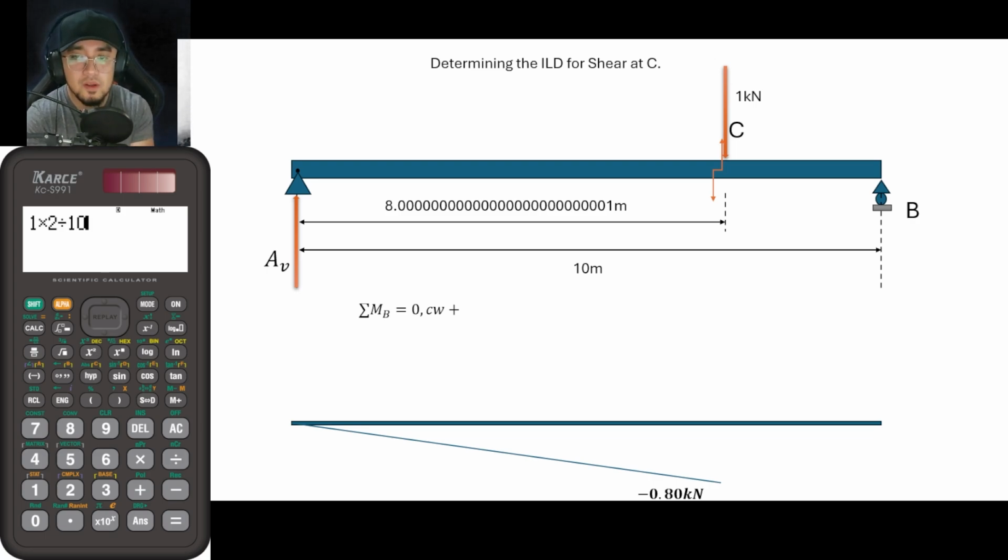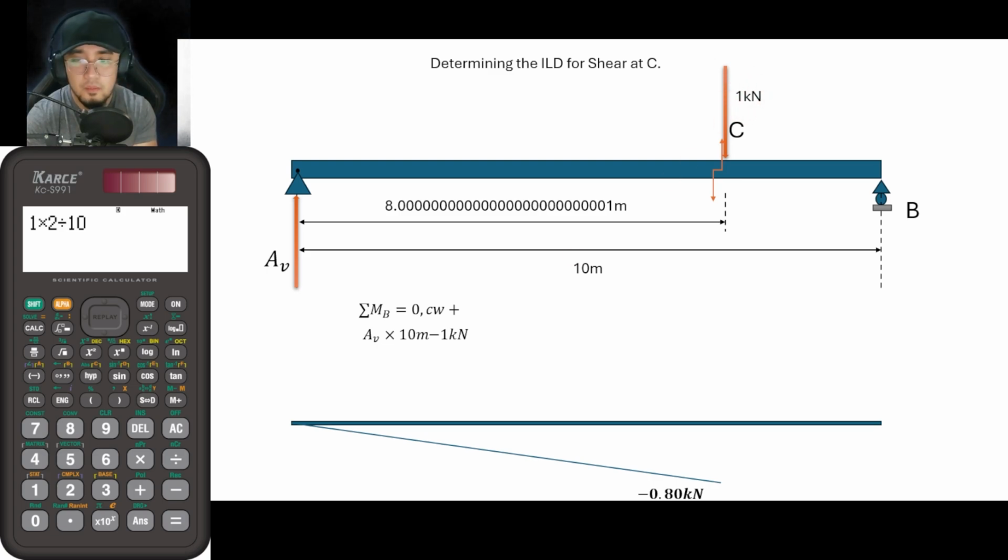If we solve for the support reaction AV, we would be getting the moment at B, which must be equal to 0, and our sign convention, once again, is clockwise positive. So from that, AV times 10, same old. That is positive since it would rotate this beam in a clockwise direction, minus 1 kilonewton. And what is now its lever arm?